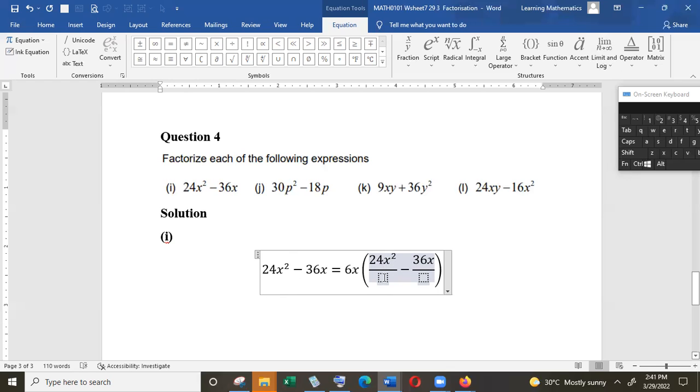So 24x squared we have to divide by 6x, and the 36x we have to also divide by 6x.